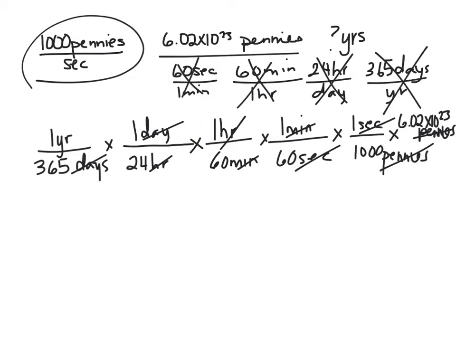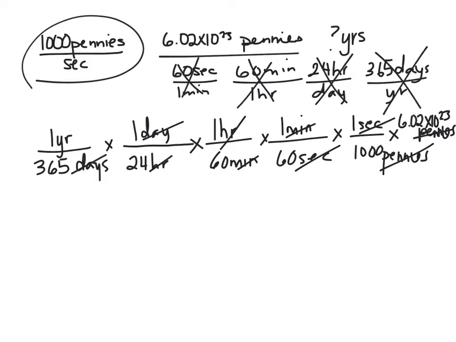So then what you do is you multiply every number on the top and you divide it by every number on the bottom, or you multiply every number on the top and divide by, in brackets, the product of these numbers. You have to put it in brackets though, if you're going to do it that way.